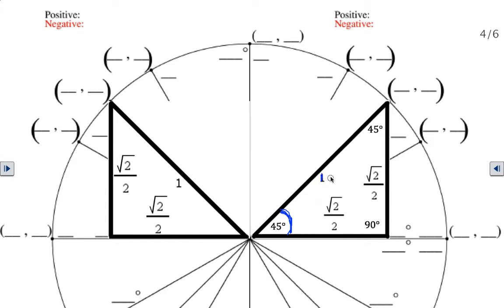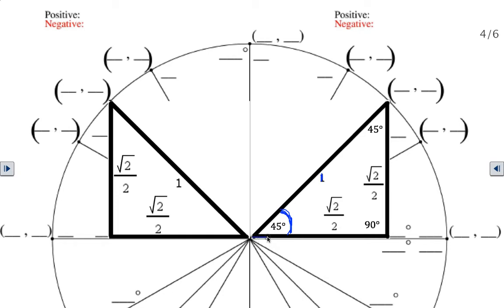And then, so we have our hypotenuse of our 45, 45, 90 triangle, and we need to find the short leg. Well, to find the short leg, you divide by the square root of 2. And we all know that you can't leave the square root of 2 in the denominator. So we multiply by the square root of 2 over the square root of 2. We end up with the square root of 2 over 2. Okay?